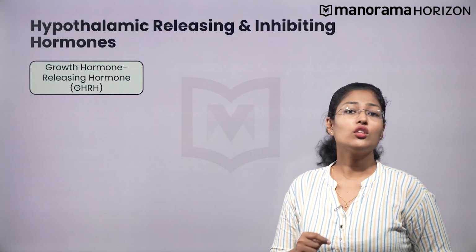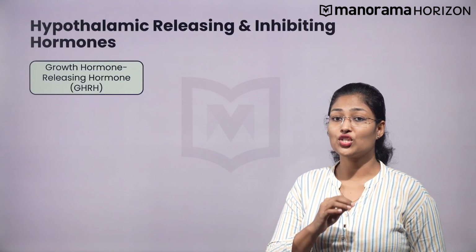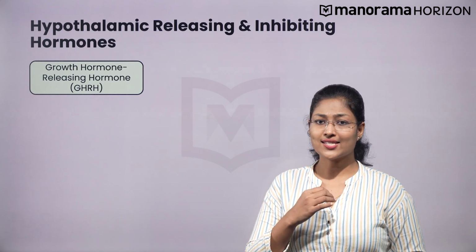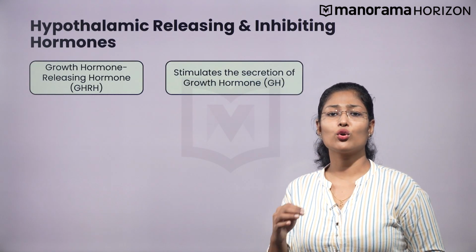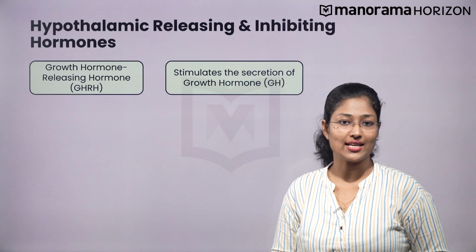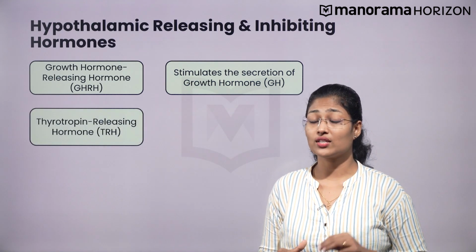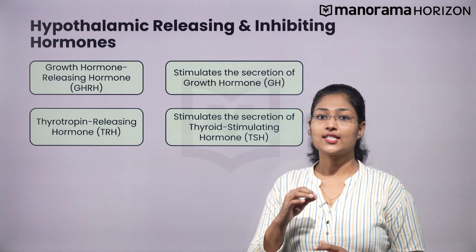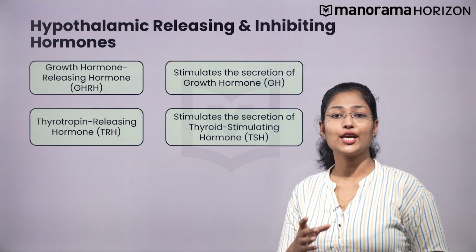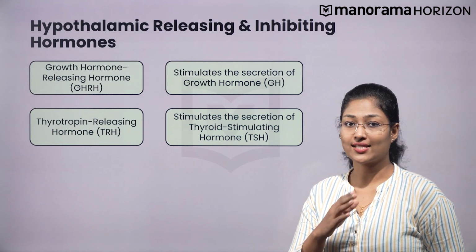First is growth hormone releasing hormone, that is GHRH. It stimulates the secretion of growth hormone from the pituitary gland. Second is thyrotropin releasing hormone or TRH. It stimulates the secretion of thyroid stimulating hormone, that is TSH.